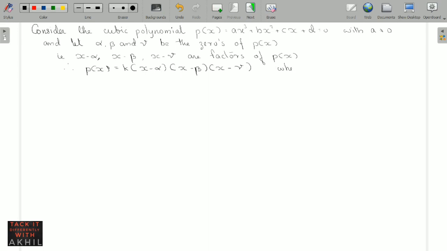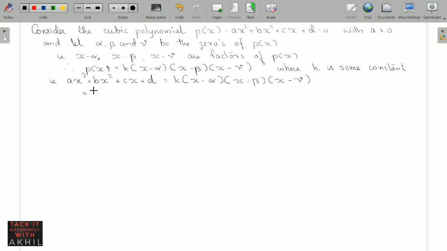We choose k as a constant because often we have some coefficient associated with the cubic term. Now we have ax cubed plus bx squared plus cx plus d is equal to k into x minus alpha into x minus beta into x minus gamma.